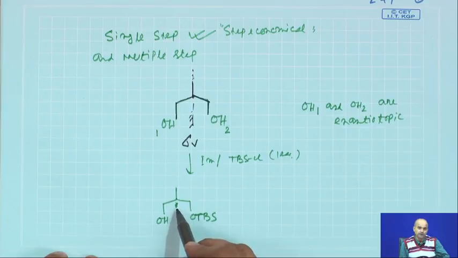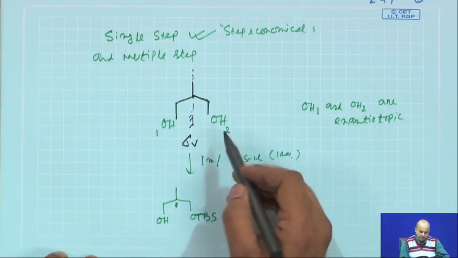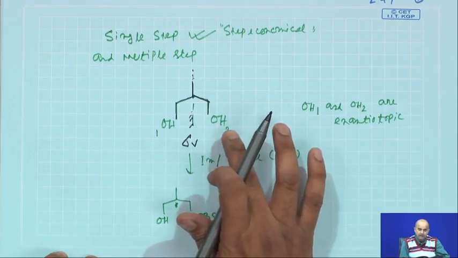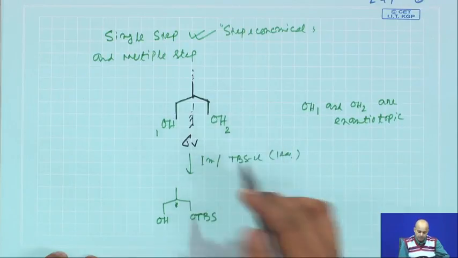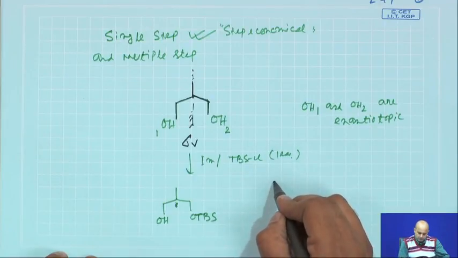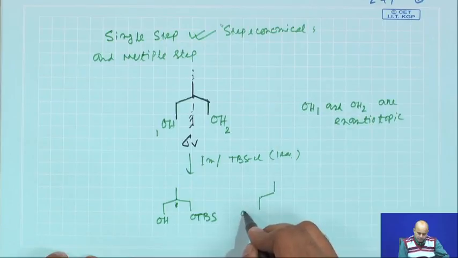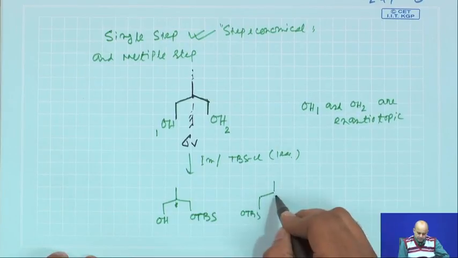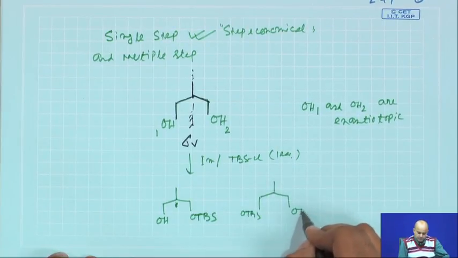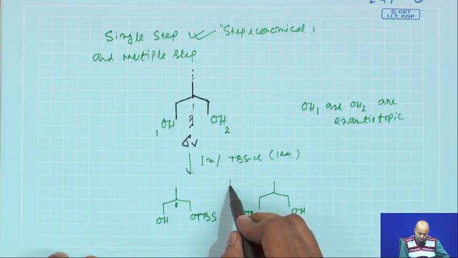So, things become a little bit complicated. Now, I am saying that you have only considered OH2, what about OH1? Now, you convert the OH1 also, which will give you this OTBS where OH2 remains similar. Now, you analyze these two compounds.